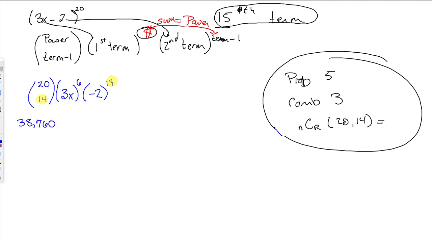Now, let's find out what 3 to the 6th power is. What is 3 to the 6th power? 729, you said? That seems about right. What is negative 2 to the 14th power?